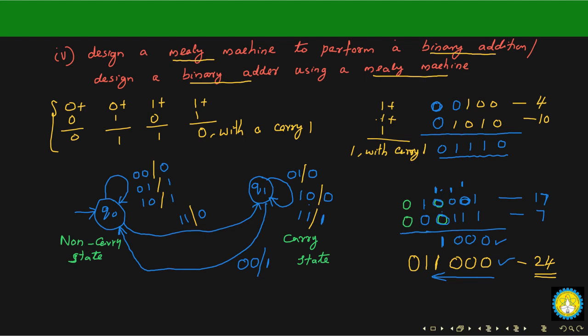Remember that since we have designed a Mealy machine, there are methods to convert a Mealy machine to a Moore machine and back, which we will learn later. A Mealy machine can be converted to its equivalent Moore machine, and similarly a Moore machine can be converted back to a Mealy machine. So they are equivalent, right?